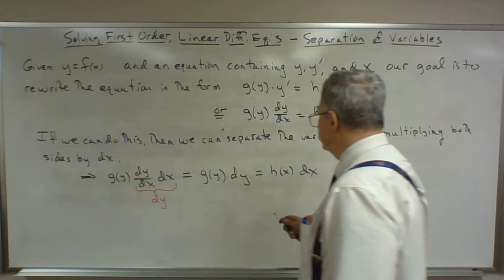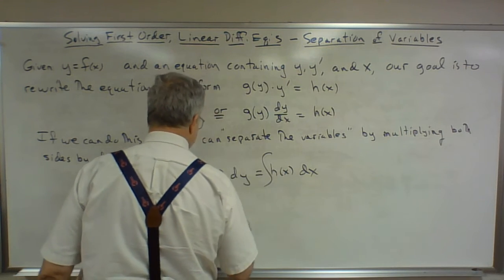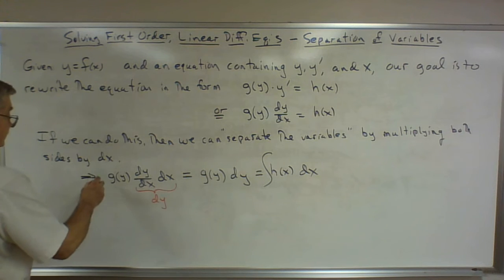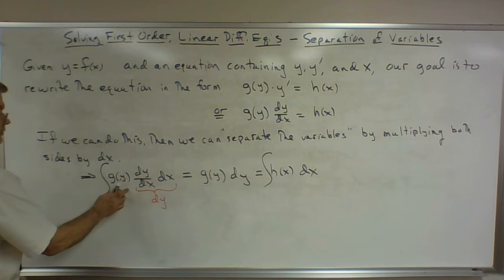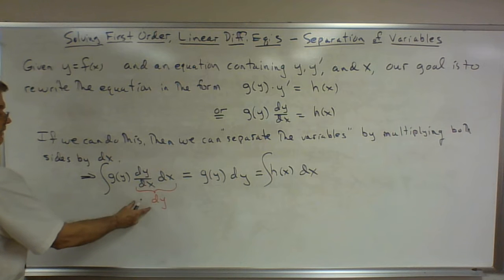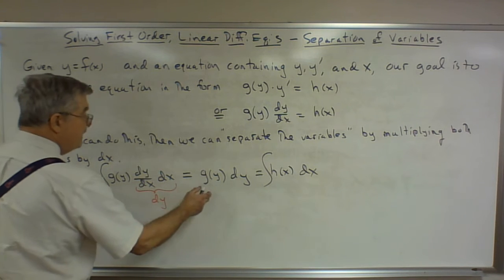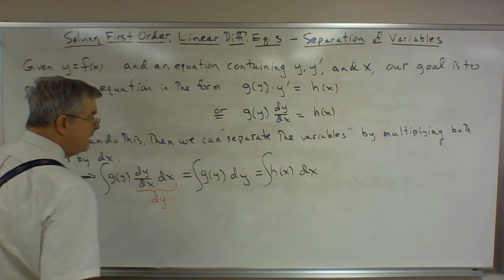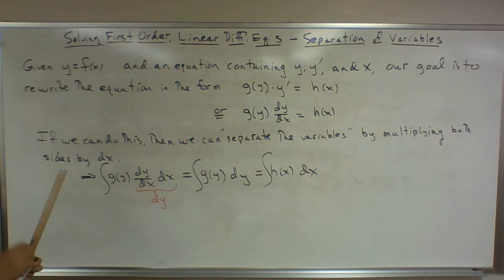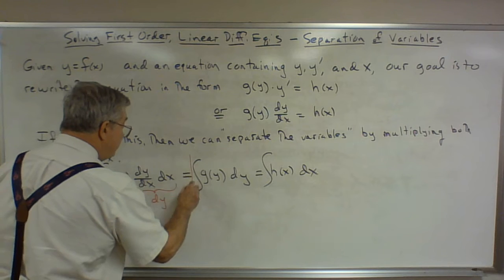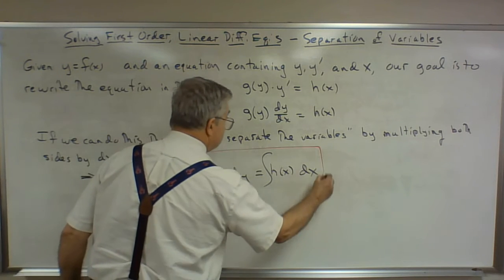Well, let's think. This is a function of x we can integrate. This is an equivalent function of x we can integrate with respect to x. Or by change of variable, we can integrate with respect to y. And we'll just focus on this part of the equation.